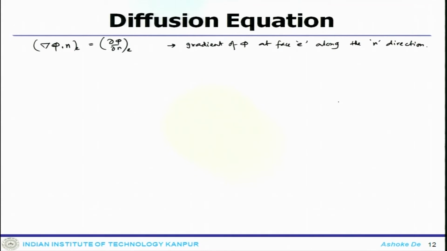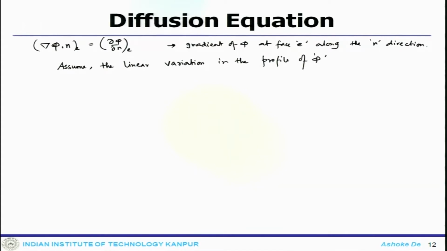Again, the simplest thing one can do is assume a linear variation in the profile of phi.